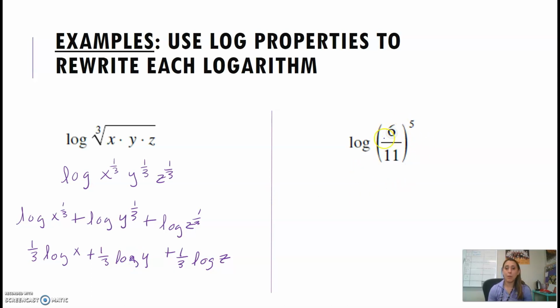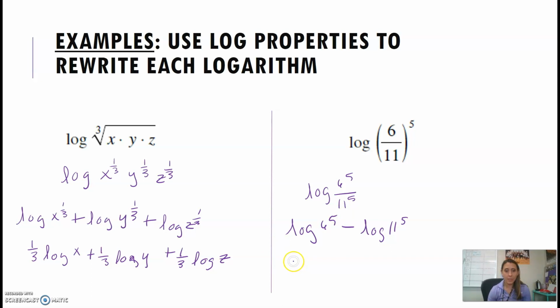Again, I'm going to rewrite this so that I can get the exponent with it. So that is log 6 to the 5th over 11 to the 5th, because that goes to both of them. And then I'm going to rewrite it: log 6 to the 5th minus log 11 to the 5th. Again, we aren't simplifying these numbers, so don't worry about multiplying them.